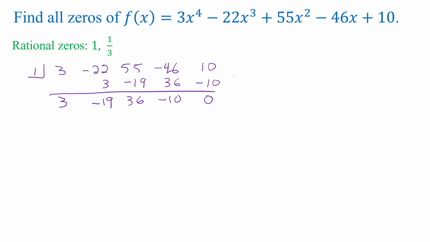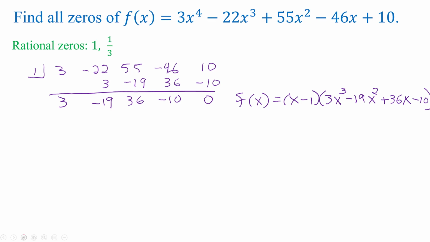So x equals 1, we had already determined was a rational zero, but now we can also factor f of x into x minus 1 times 3 times x cubed minus 19x squared plus 36x minus 10.